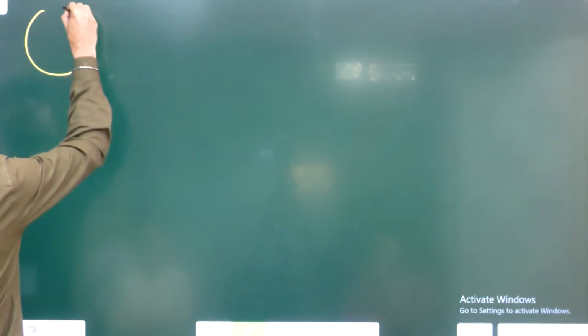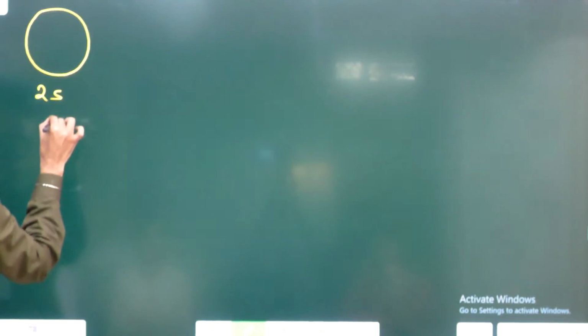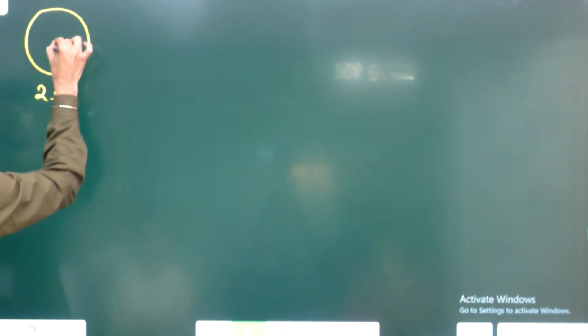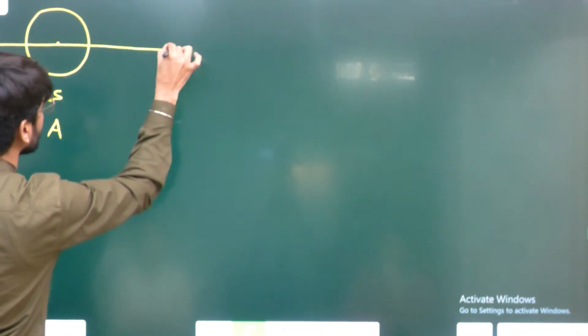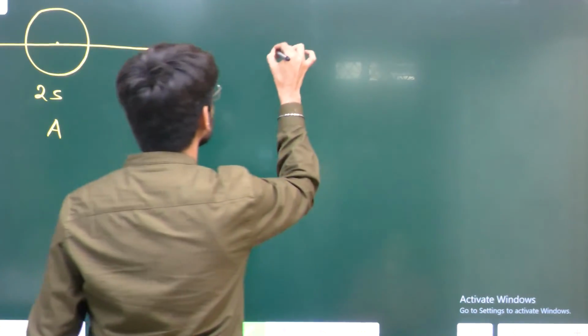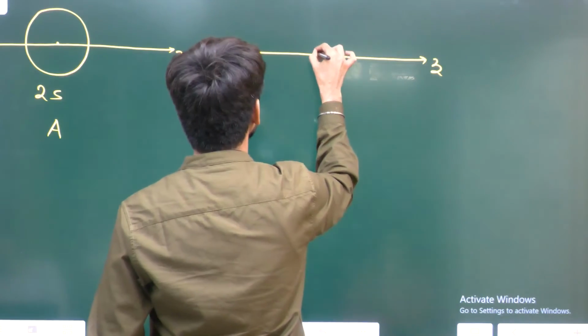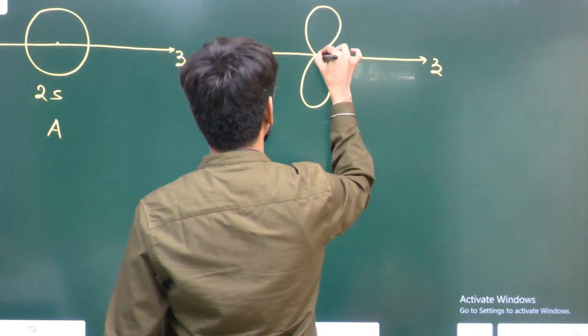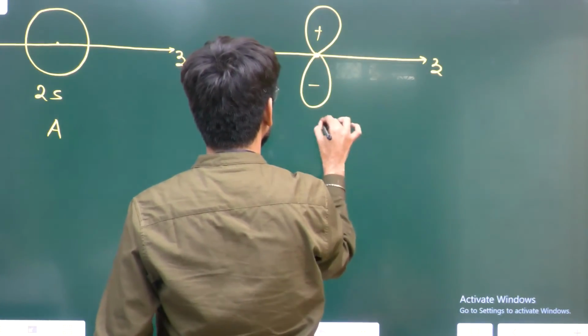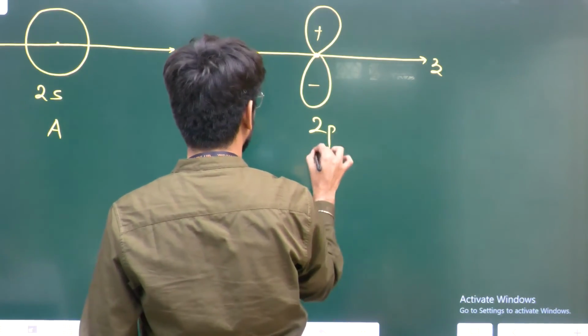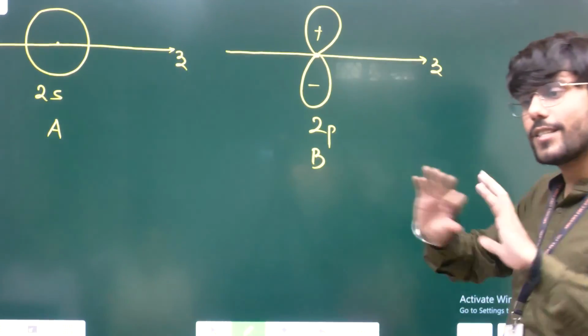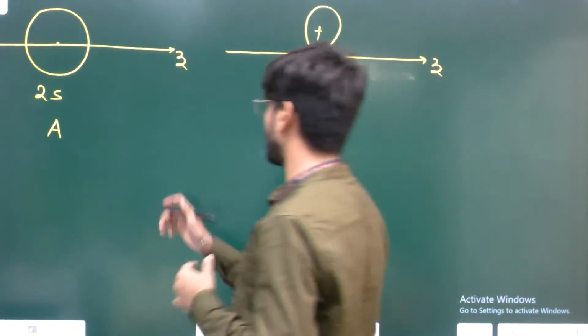Suppose this time I am considering the 2s orbital of A, and I am considering z-axis to be my internuclear axis, and I am considering the 2px of atom B this time. Let us discuss the overlapping between these two.